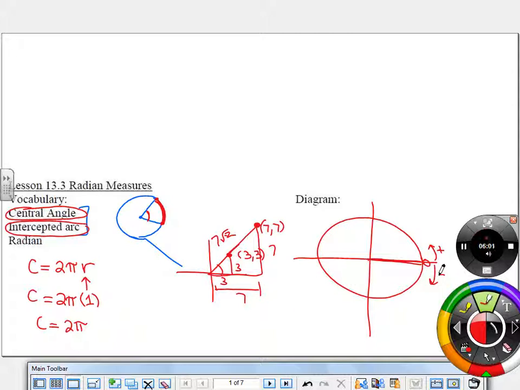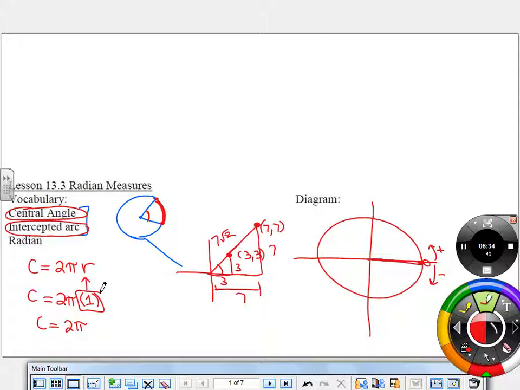one trip around the circle, if we want someone to get back to this position, we wouldn't say go 360 degrees. We would in the world of degrees. In the world of radians, how much arc would we tell them to go around, if we want them to get back to the beginning? Well, if I want to go all the way around the circle, I have to use my circumference. We said we're going to make it a unit circle because how big the circle is doesn't really matter to us in finding sine, cosine, tangent.